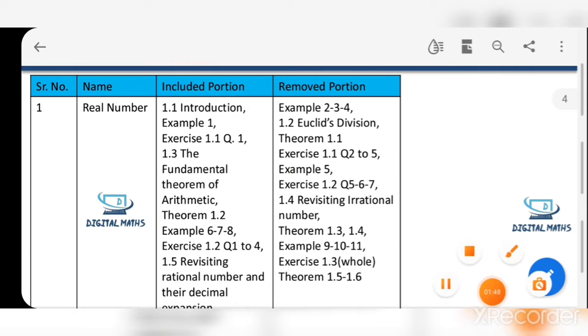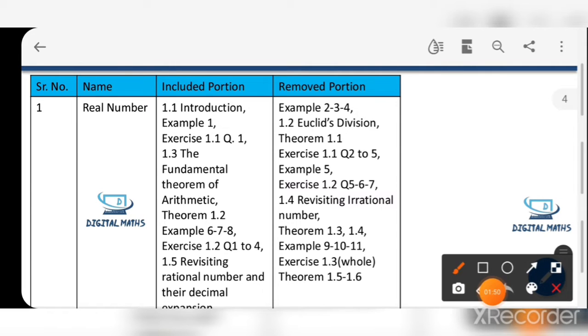Now we have to see the removed portion from chapter number 1. Examples 2, 3, 4 are removed. 1.2 includes divisions; theorem 1.1 removed. Exercise 1.1 questions 2 to 5 removed. Example 5 removed. Exercise 1.2 questions 5, 6, 7 removed. Proving irrational numbers removed. Theorems 1.3, 1.5 removed.